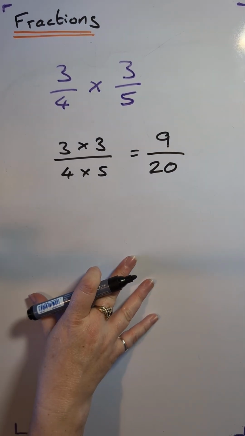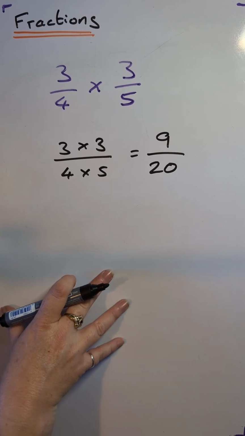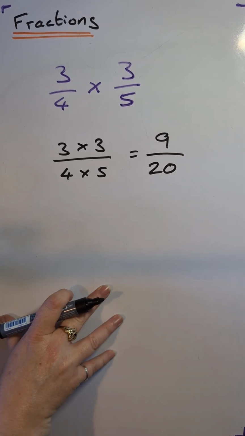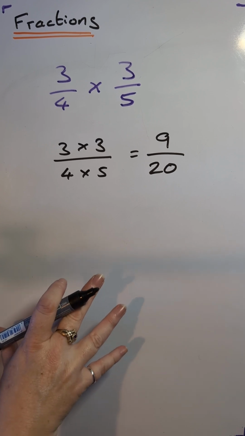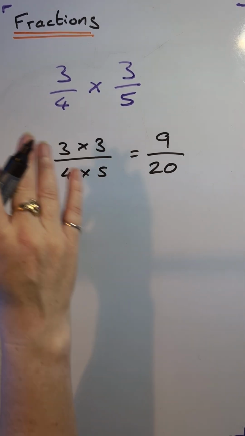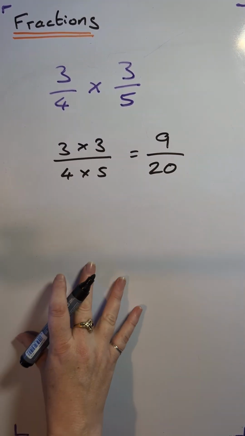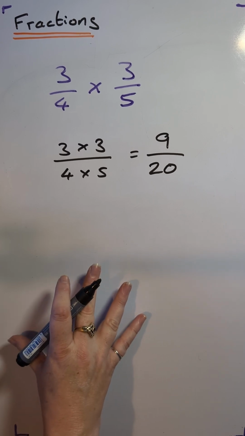Now, in class, you're going to see in some of the practice sessions that you can cancel down. Not in this particular example, but if it's possible for you to cancel down before you multiply through, you really should do it. It makes your numbers more manageable.